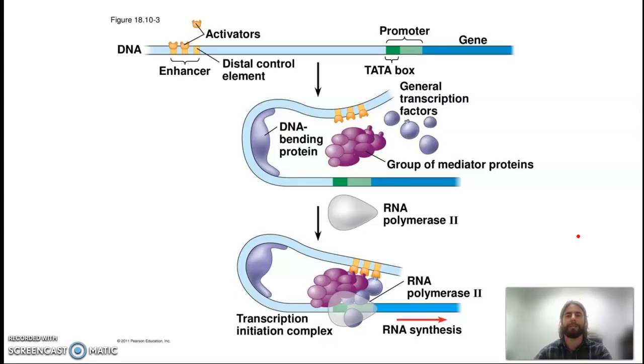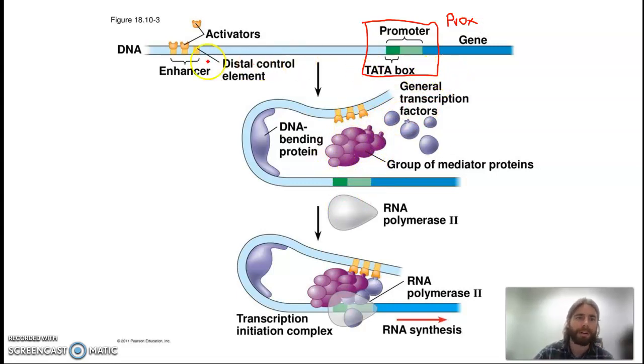So let's take a look at what we're talking about here. So we'll start with our orientation here. We'll start with the promoter sequence. These are proximal control elements, meaning that they are close to the gene, and they have sequences that bind to these transcription factors and mediator proteins.